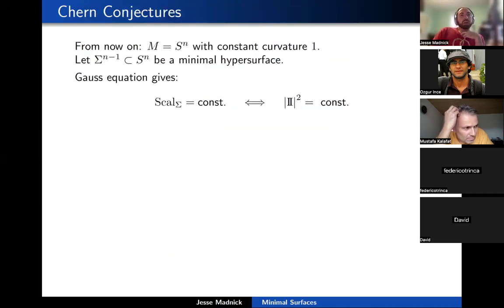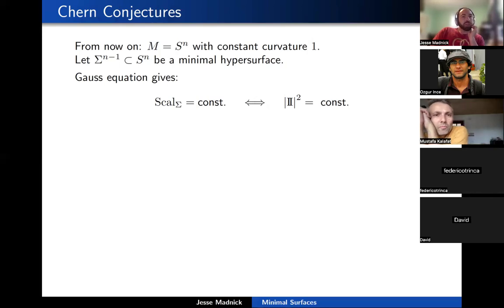Okay, before diving into some examples of homogeneous and isoparametric hypersurfaces, I want to point out a couple of conjectures in which they occur. So one of these is the pair of conjectures known as the Chern conjectures. From now on, we'll only be considering the ambient space as the round sphere with constant curvature 1.